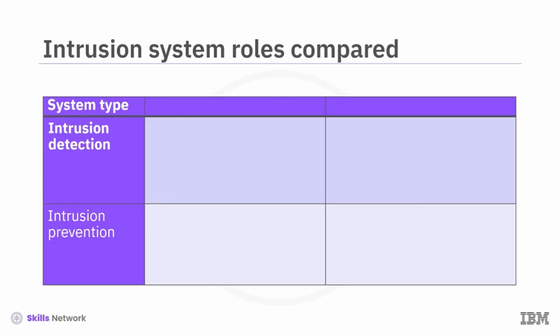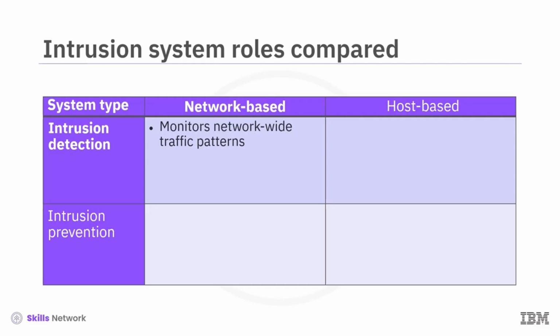Intrusion detection systems serve as vigilant monitors, continuously scanning network traffic and system activities for signs of suspicious behavior indicative of potential security breaches. You can categorize intrusion detection systems into 2 main types. Network-based IDS, known as NIDS, monitors network-wide traffic patterns, flagging anomalies and potential threats, such as unauthorized access attempts or unusual traffic patterns.